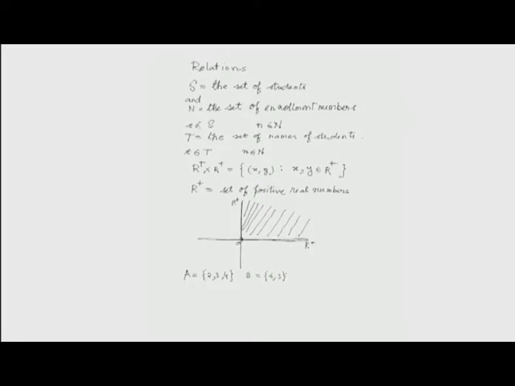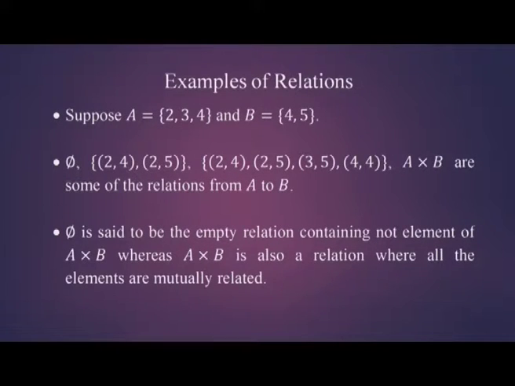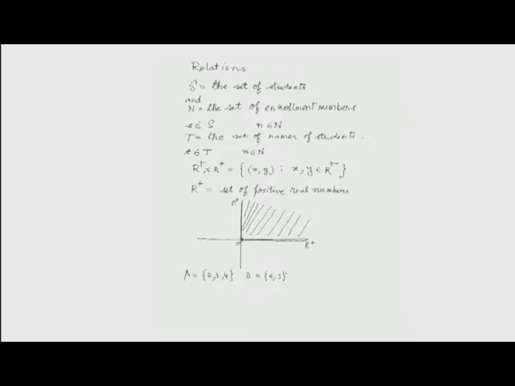Let us check that once. A is {2, 3, 4} and B is {4, 5}. Now, let us look at the Cartesian product of A and B. The Cartesian product of A with B is the whole set (2, 4), (2, 5), (3, 4), (3, 5), (4, 4) and (4, 5).